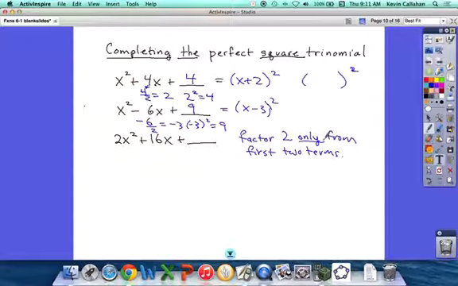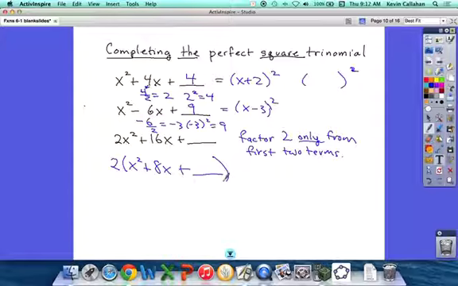Okay, so factor the 2 from the first two terms. 2 parentheses, what's left inside? x squared plus 8x. Okay, now you can complete the square.